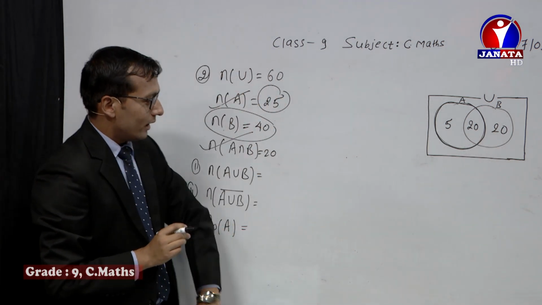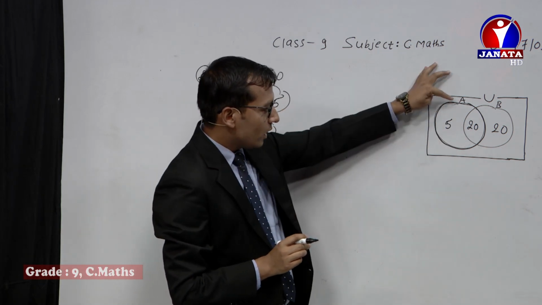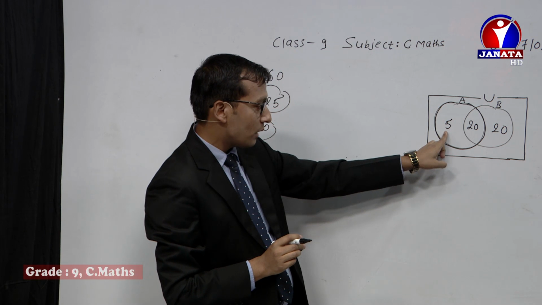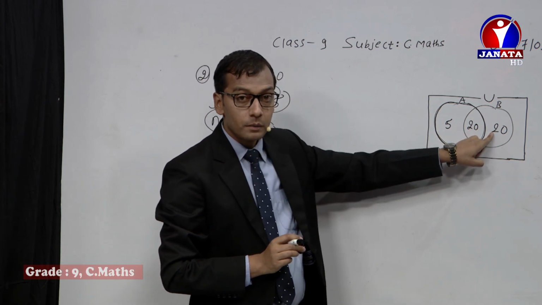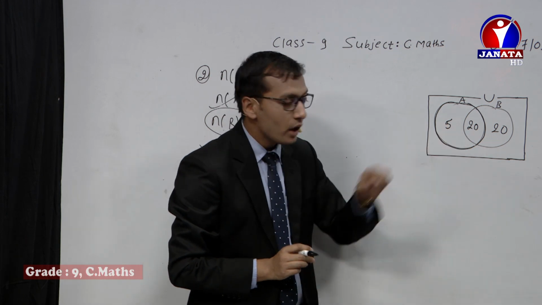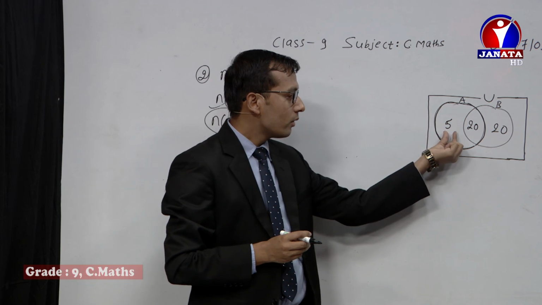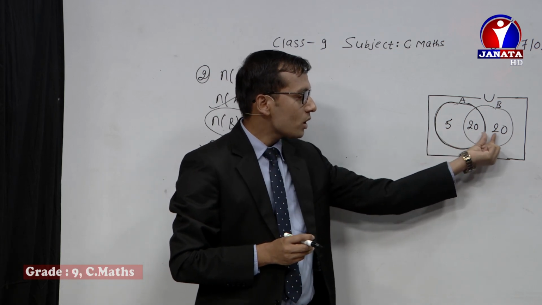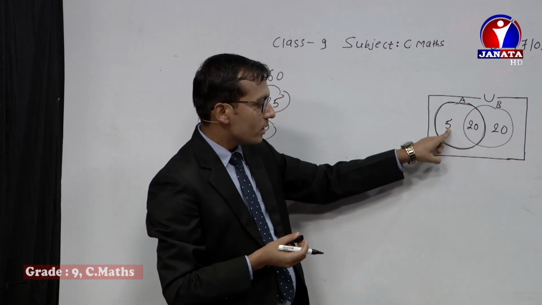Now let's look at the union. A union B is the sum of n only A plus intersection plus n only B. So if we add these three numbers inserted in the diagram, 5 plus 20 plus 20, what is 20 plus 20? It's 40, plus 5 is 45.